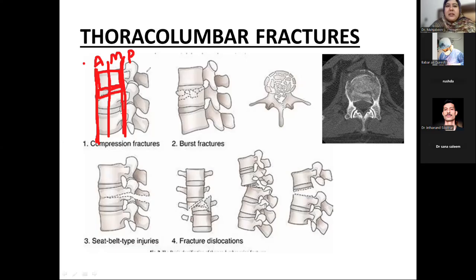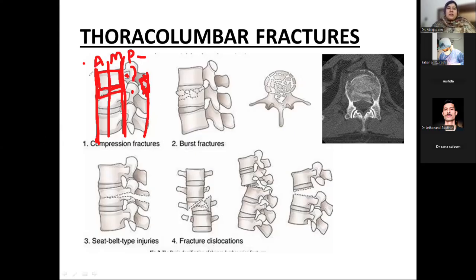The rest of everything is in the posterior column. The posterior column includes the spinous process, the transverse processes, the facets, the ligamentum flavum, the interspinous ligament, and the supraspinous ligament.